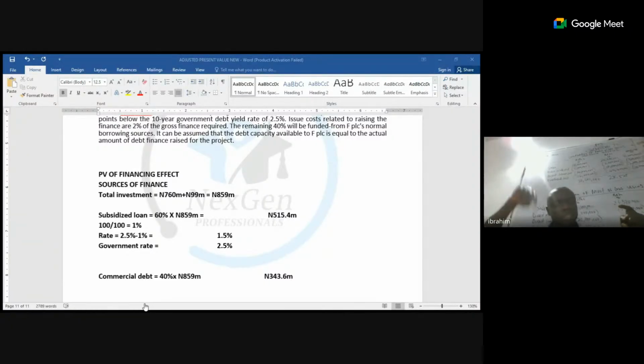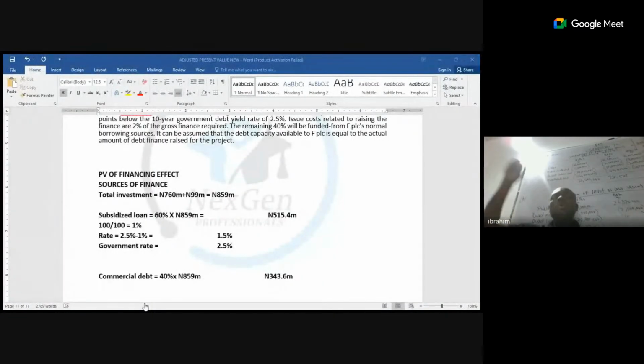At the same time, if government is giving a subsidized loan of 2%, it will still be included in the commercial rate.